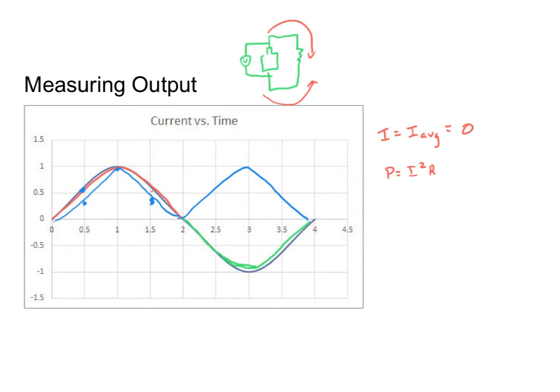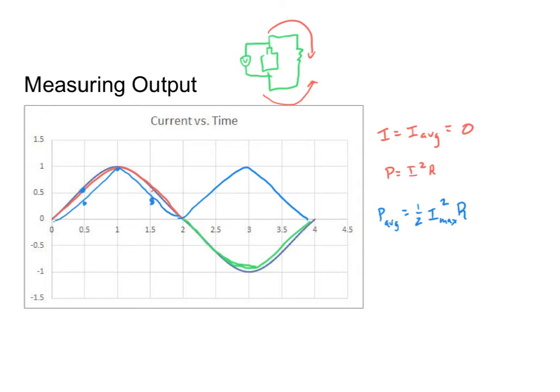And what I will find is that for any AC circuit, the average power is equal to 1/2 times the maximum current squared times the resistance provided by my load.